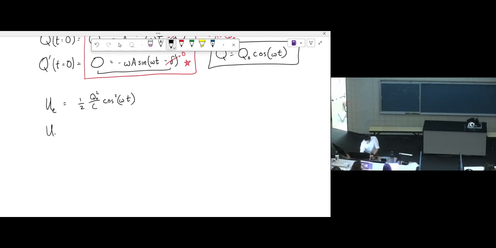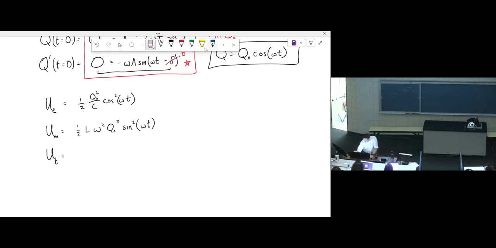And U sub M was equal to 1/2 times L times omega squared times Q naught squared times sine squared omega t. And if we want the total energy, then that's equal to, why write it down twice?